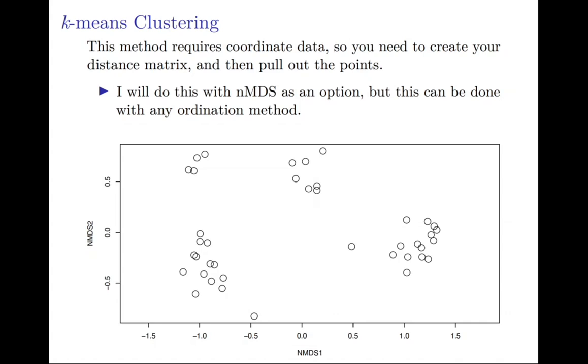I'm going to do that with the lipid data with an NMDS. But you can use PCA, PCoA, you can use any option you want. I'm just going to do this with NMDS to switch it up a little bit. Here we've created an NMDS plot like we did previously.